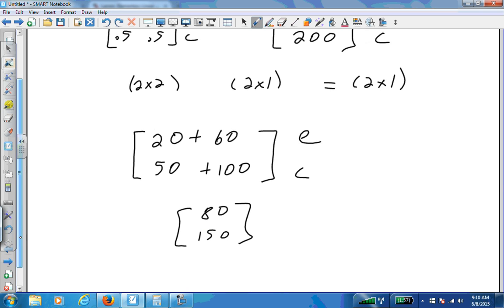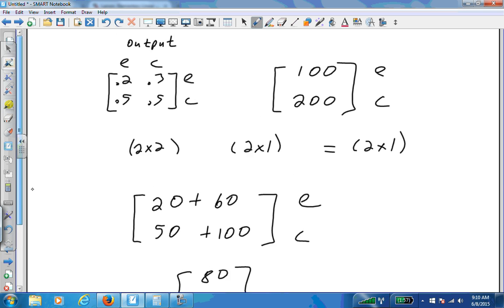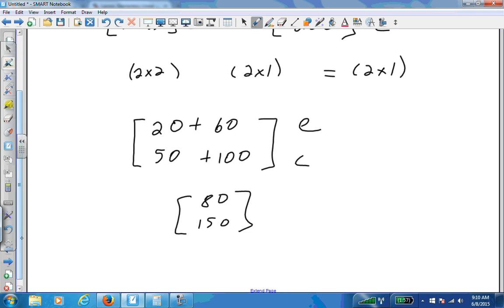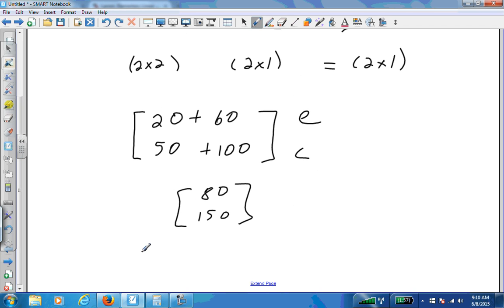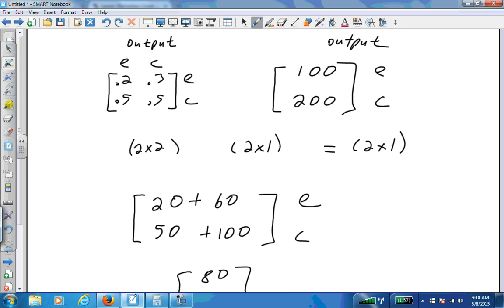So again, my numbers don't actually work out, because if we're outputting 200 units of coal, why are we inputting 150? But it is good if we're outputting 100 units of electricity to only take 80 as our input. So this is how much electricity and coal is required. This is how much we put in.